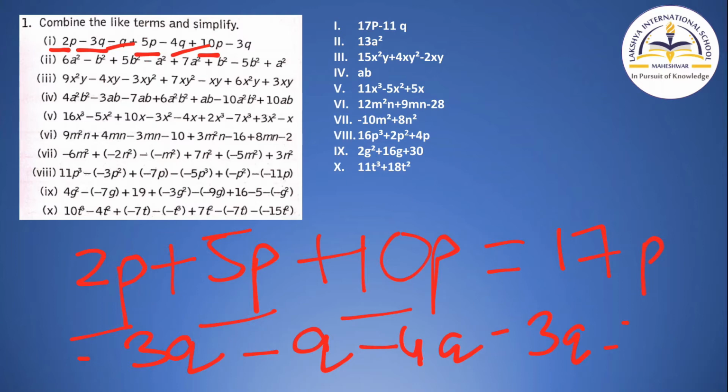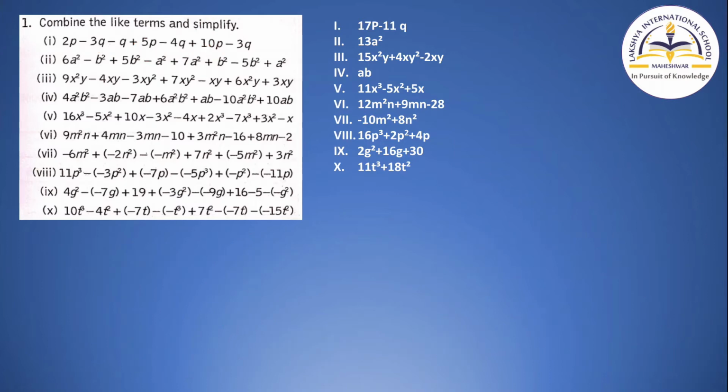Now all are with the minus sign, so minus 3 minus 4 minus 8, minus 8 minus 3 minus 11. So here the answer will be minus 11q. Now you have to combine these two answers, that is 17p minus 11q. So this will be your answer.